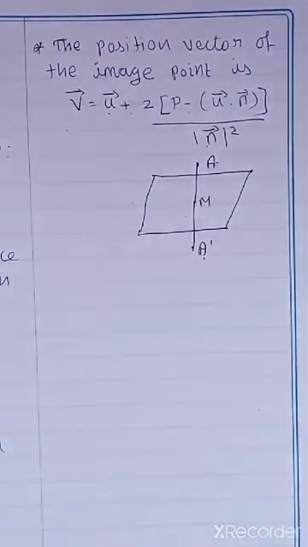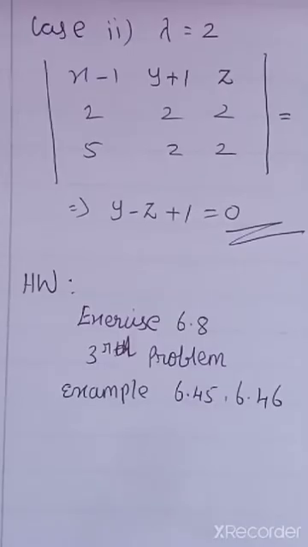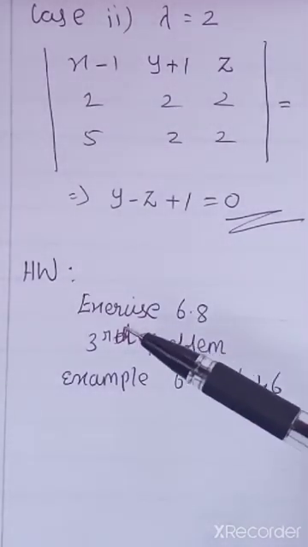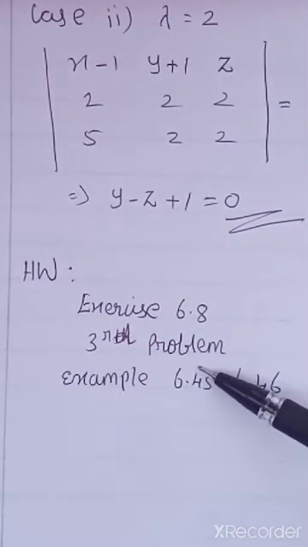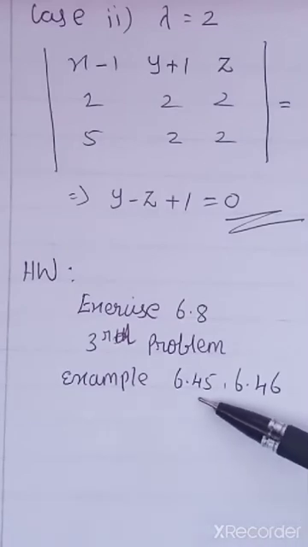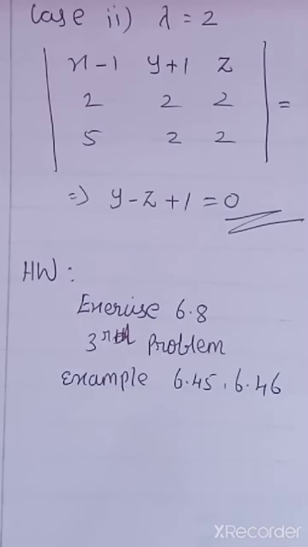Okay, so these are the formulas. Go through these formulas, and based on them we can solve problems in the next class. Your homework is exercise 6.8 third problem, example 6.45 and 6.46. Thank you, students.